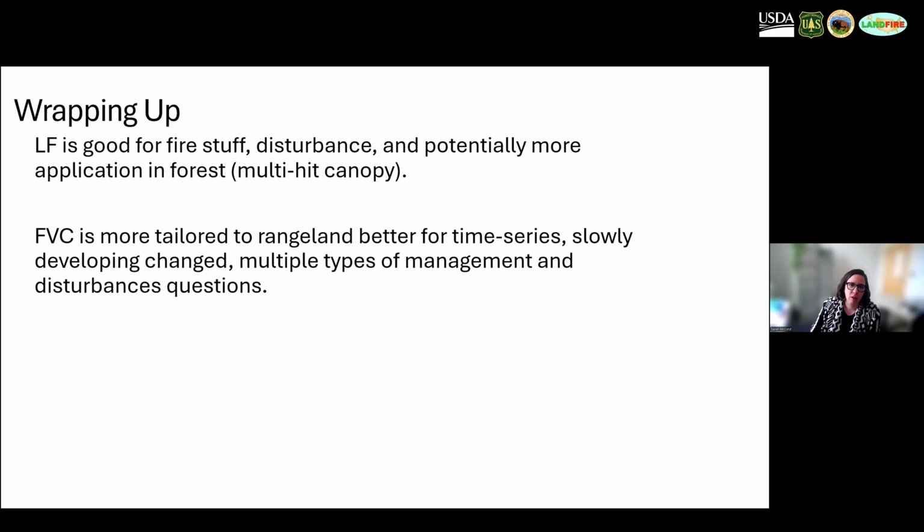Tree cover's fairly, I would hazard to guess, I don't know about RCMAP, but I'll just speak for RAP. Most of the tree cover values are fairly low because a lot of our data is coming from rangelands. And so a lot of that information is going to be coming from areas where tree cover is less than 30%. So if you're looking at a veg type where it's higher, things to think about.